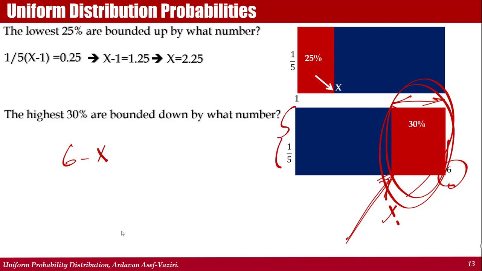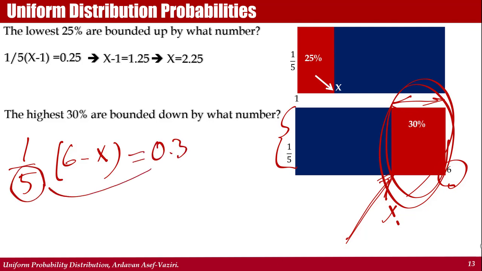The height is 1 over 5. And this should be equal to 0.3. If I multiply this 5 by this 0.3, that would be 6 minus x is equal to 1.5, and x is equal to 4.5.